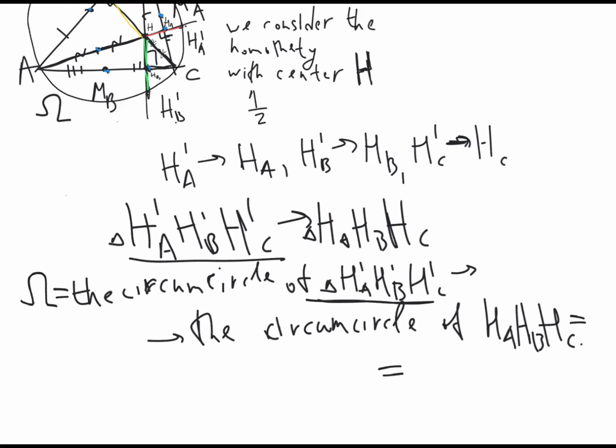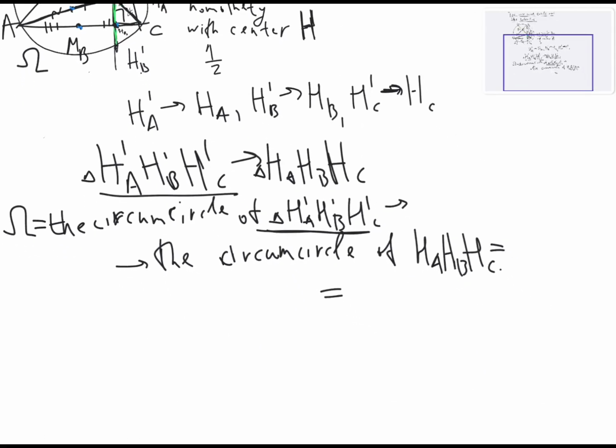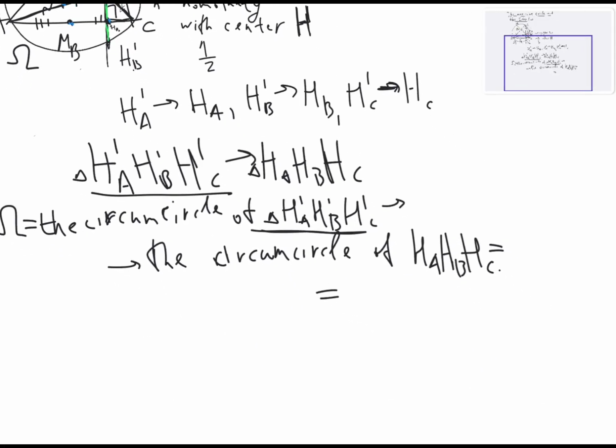HA, HB, and HC. So this is because these 3 points lie on the 9-point circle. We proved it in the last video. So the circumcircle of this triangle must coincide with the 9-point circle. So this is the omega 9.